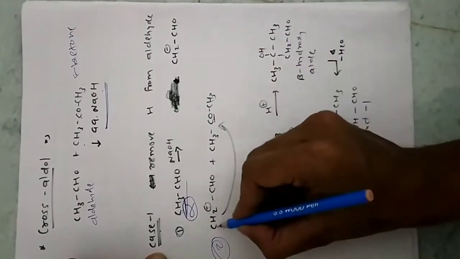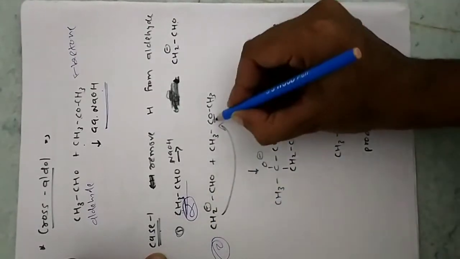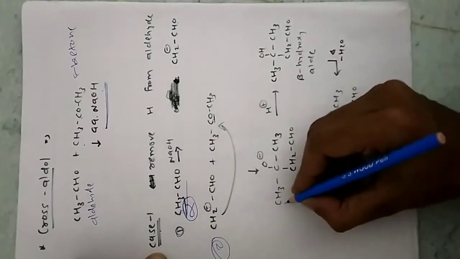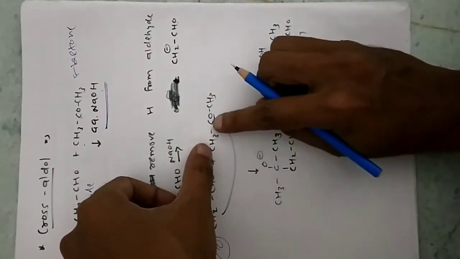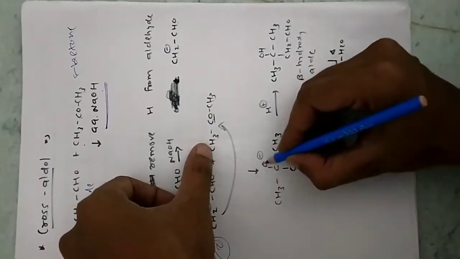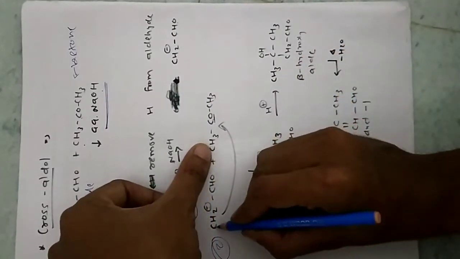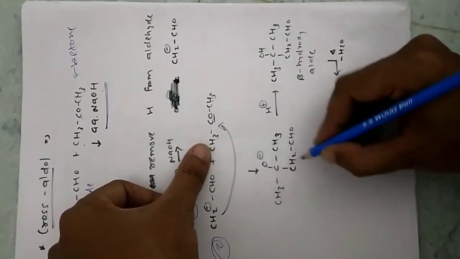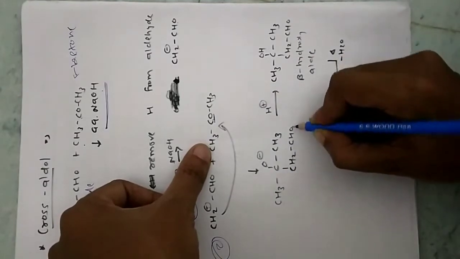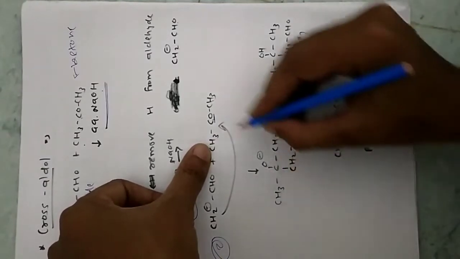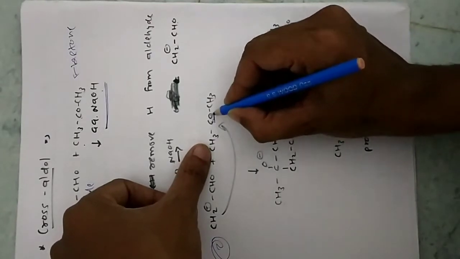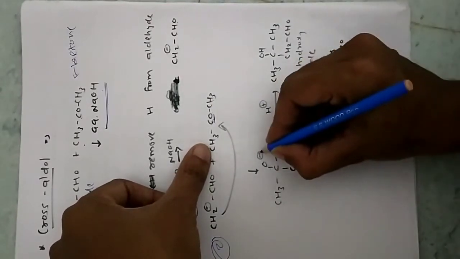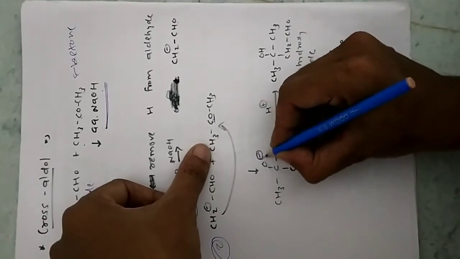So this whole ion will attack the carbon. This ion attacks the carbon, so CH2CHO attaches. The double bond between carbon and oxygen breaks, making a negative ion on oxygen.